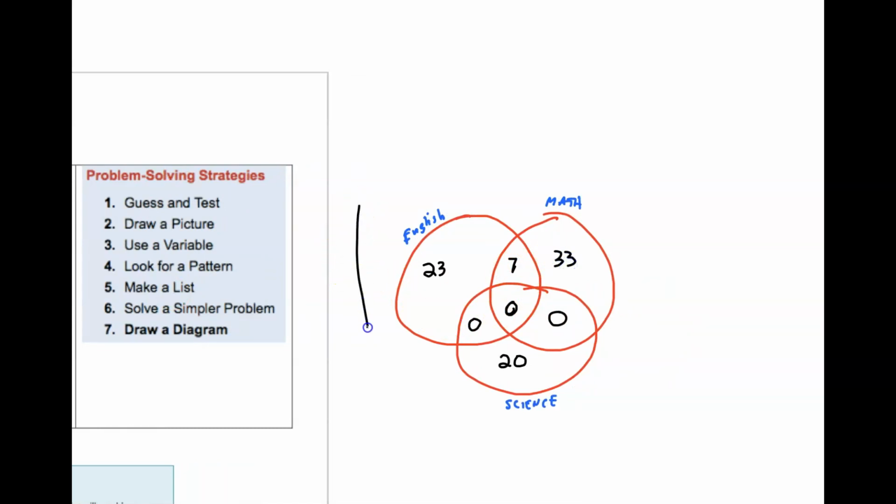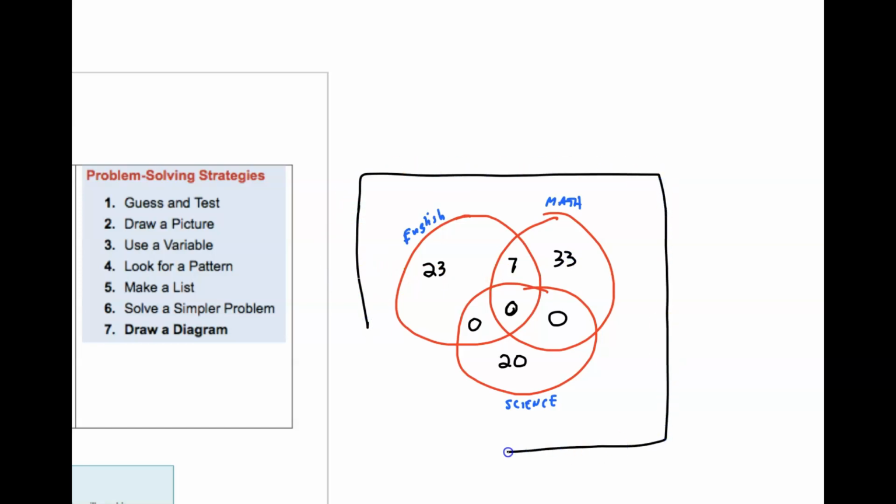The leftover group of people are people outside of these circles. We know there's 150 altogether, so what needs to happen is we figure out how many are inside the circles right now. To get that, we have 23 plus 7 plus 33 plus 20.